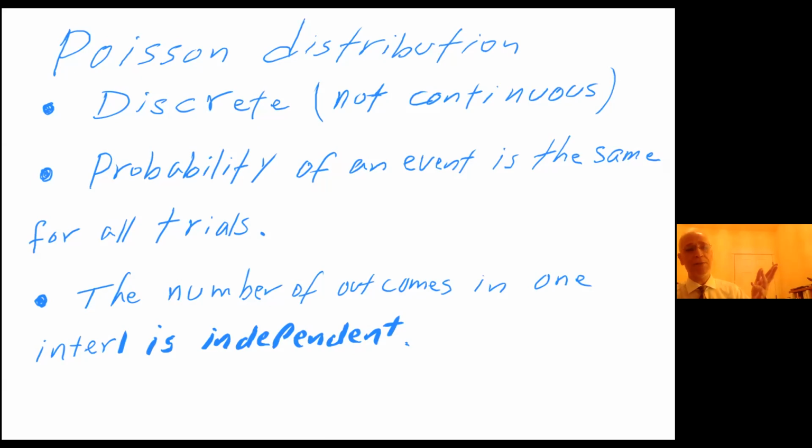So let's say in a hospital, they can say that on average, in a given hour, 2 children are born. The birth of those 2 children, say at 10 o'clock in the morning, that probability is the same for 11, for 12. So for all trials, for any time that we are going to be using Poisson, the probability of the event is the same.